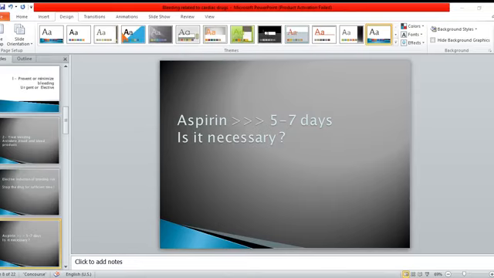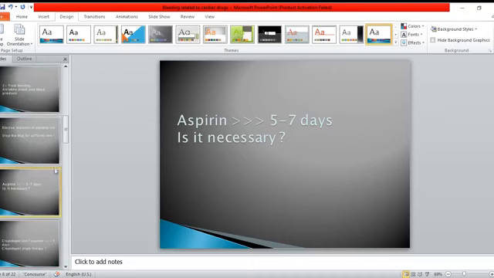Of course, this is not an easy decision, especially if the patient is on dual antiplatelet therapy for a drug-eluting stent, and he needs these medications. So the situation is not always easy. I'll go through this later.